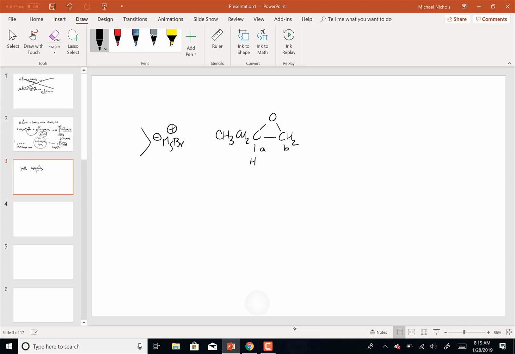Now D has this. So that's the epoxide in D. So where's the Grignard going to add there? What do you think? B?